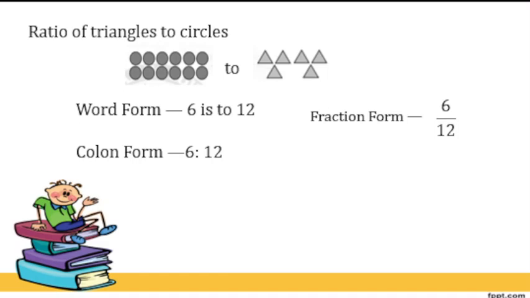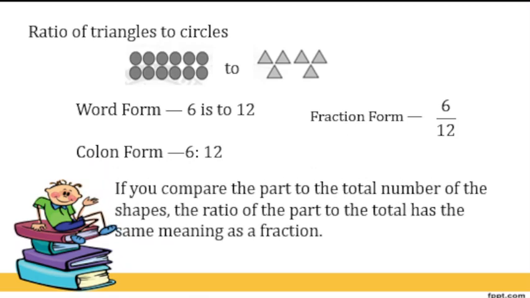Now, this time, let us combine all the figures or the shapes. So, considering that we combine the 6 triangles and the 12 circles, how many shapes do we have now? We have 18 shapes.